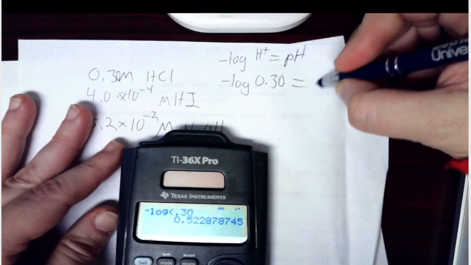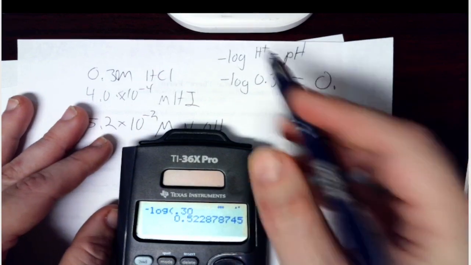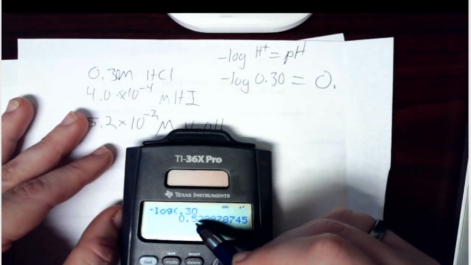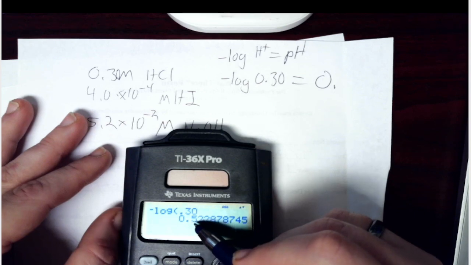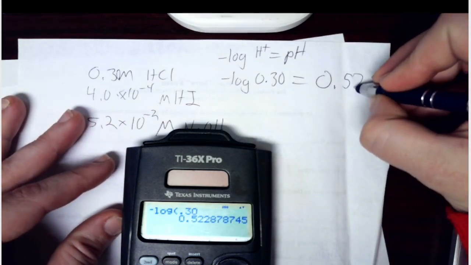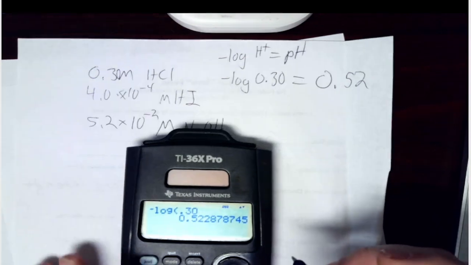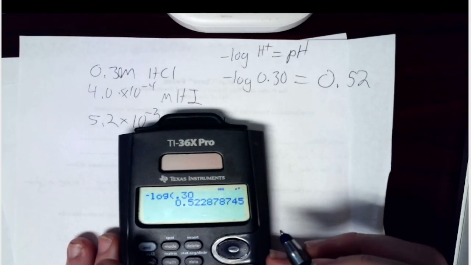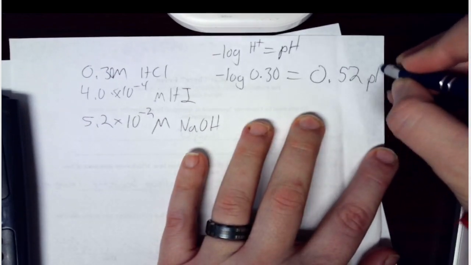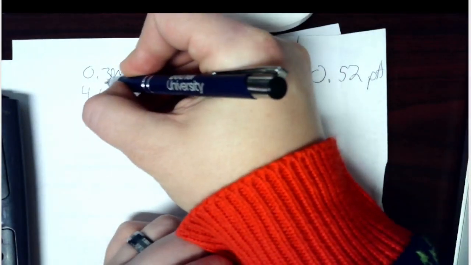The 0 is because it's 10 to the negative 1st. It's between 0 and 1. And the two numbers I need to record are the 5 and 2. pH of 0.52. So very, very acidic. I record 2 decimals because of 2 decimals.